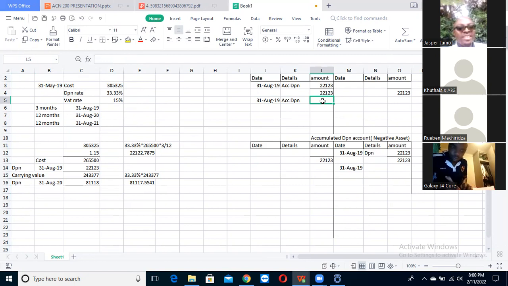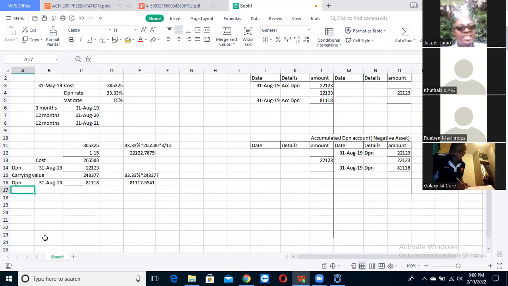So the narration, I have talked about this. We go on to put the figures in the account. The moment you put the figure, when you are doing the diminishing balance method, is the very moment that you should calculate the carrying value for the following period.